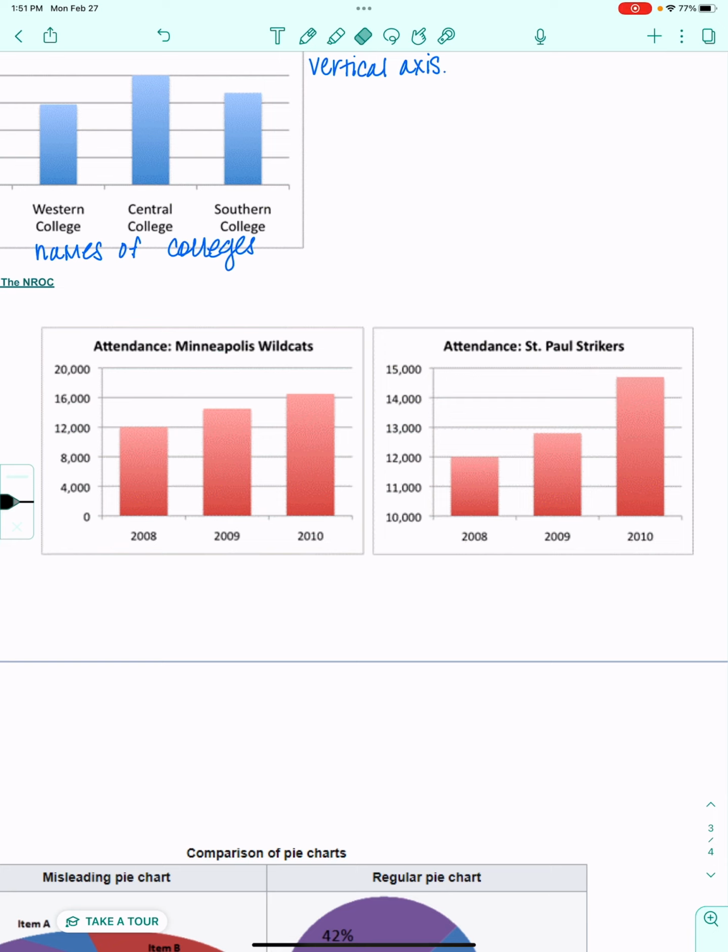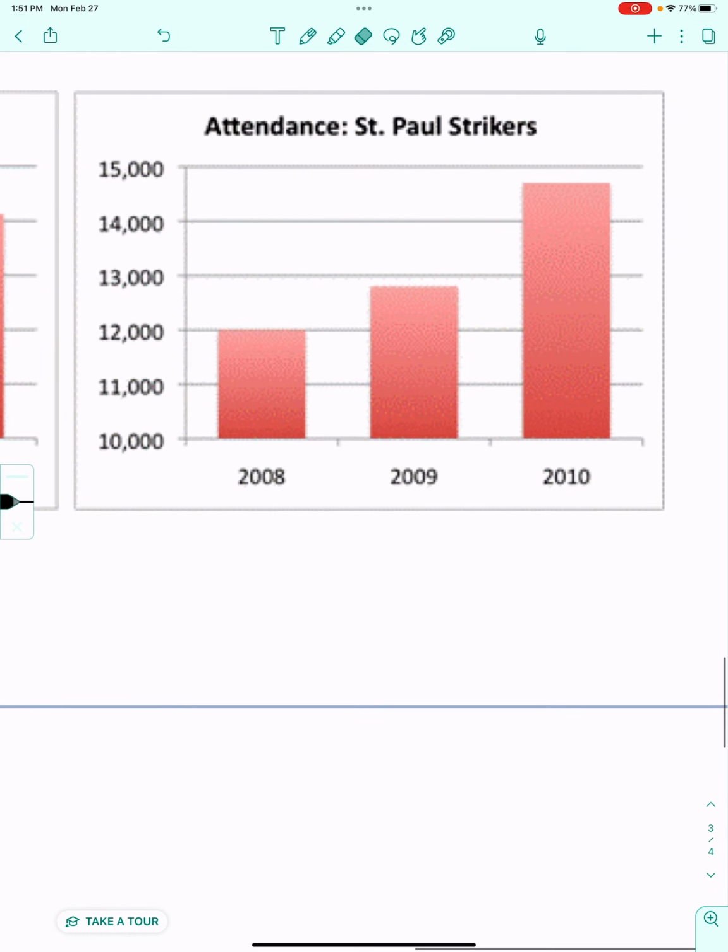But anyway, when we look at the graph, we have years across the bottom, and we have, I would assume, attendance, but we don't really know what these are. That's not very clear.